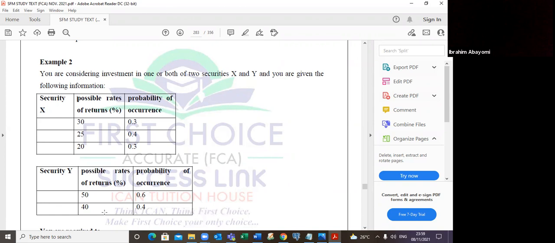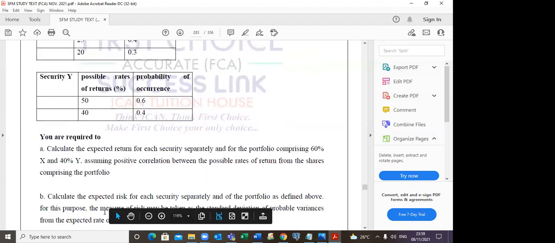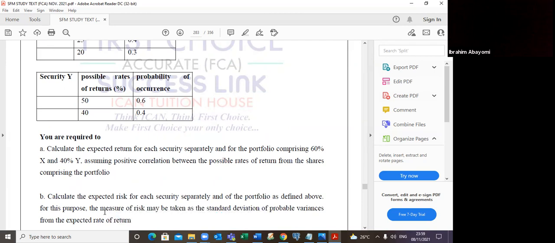The question says, required: calculate the expected return for each security separately and for the portfolio comprising 60% X and 40% Y, assuming positive correlation between the returns. Are you there? Yes, sir.